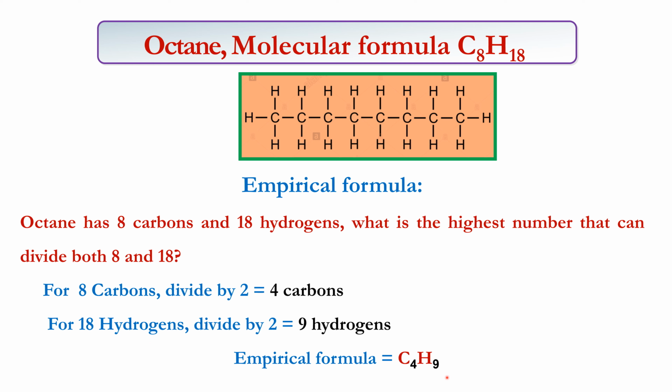The reason why we divided by 2 was because 2 is the highest number that can divide both 8 and 18. So the empirical formula always gives you the most reduced ratio of atoms in a compound, as you can see here, while the molecular formula will give you the total number of atoms of each element present in a compound.